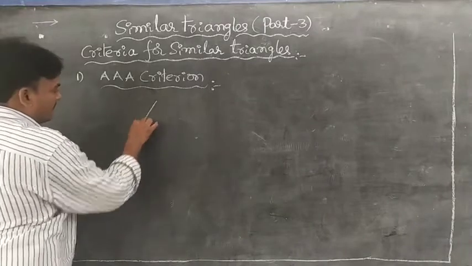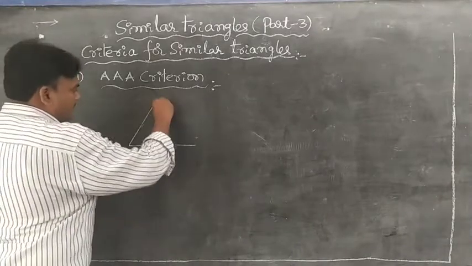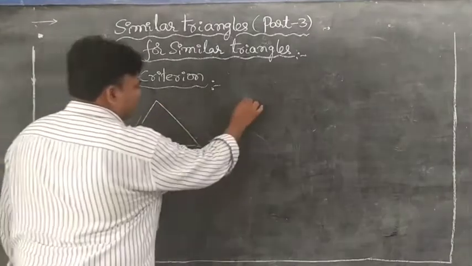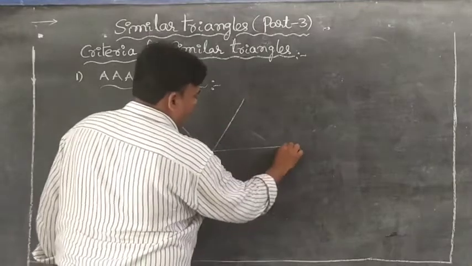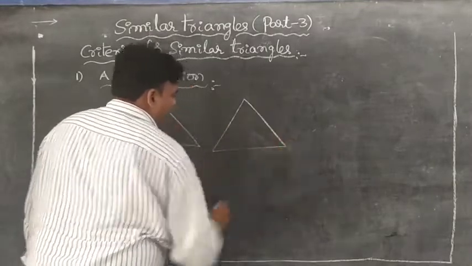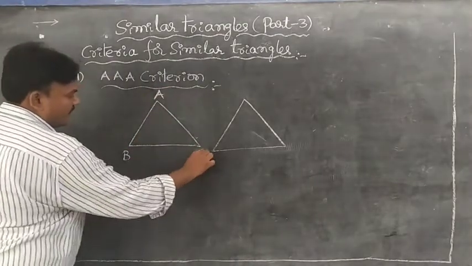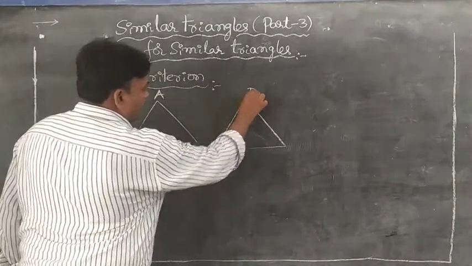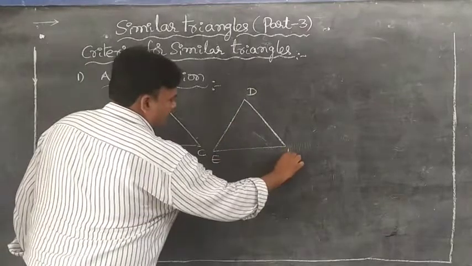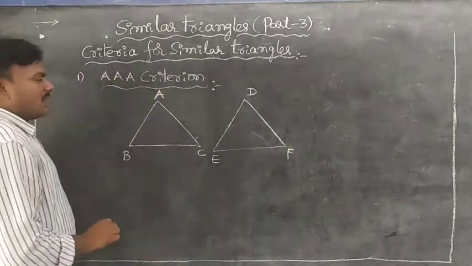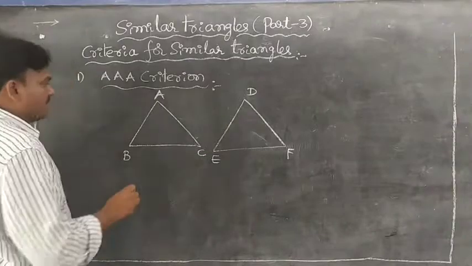First of all, observe, I have taken two triangles, that is ABC and also DEF. Observe, students. In geometry, symbols are very important.